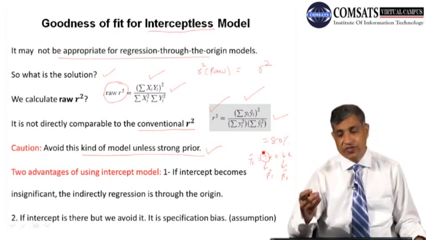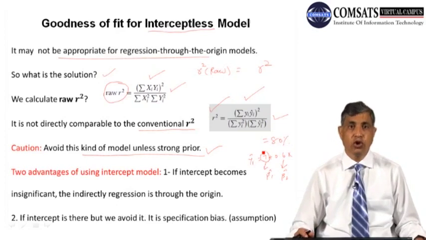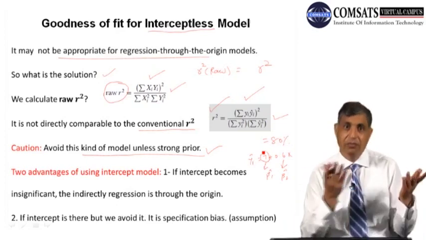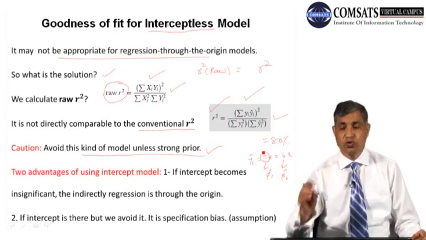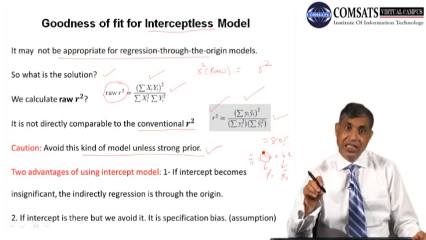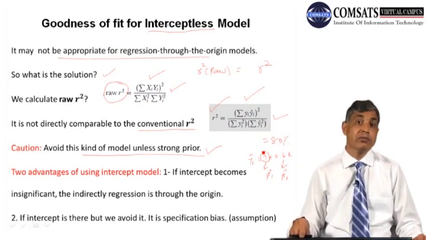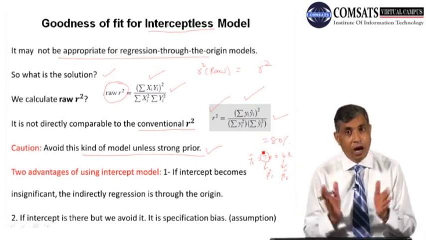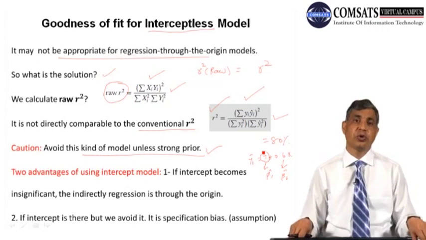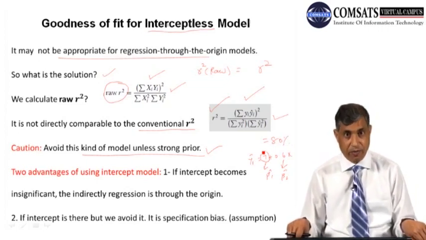If it is equal to 0, the regression automatically becomes through the origin. So we should include the intercept: if it is significant, then it is good, and if sometimes it becomes insignificant, then automatically the regression is through the origin, and we should not be worried about this.